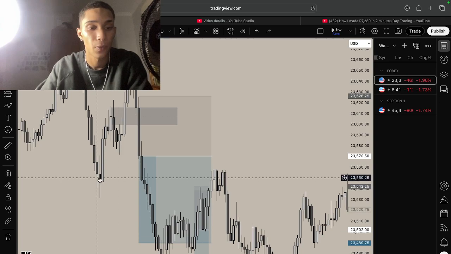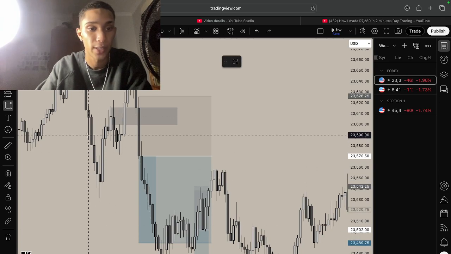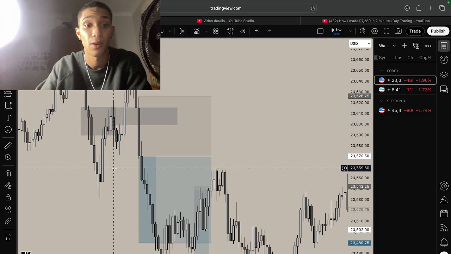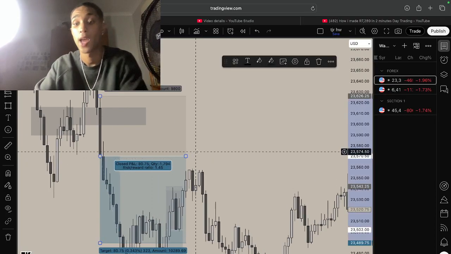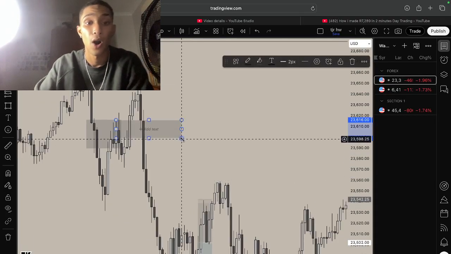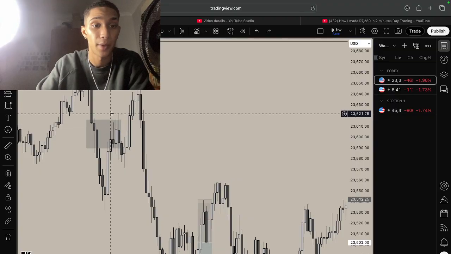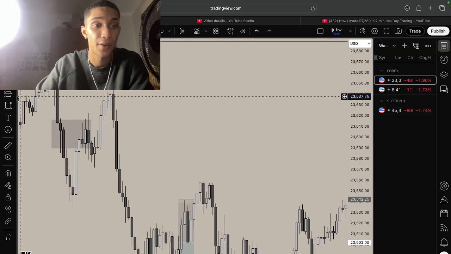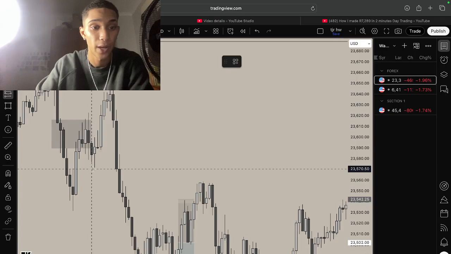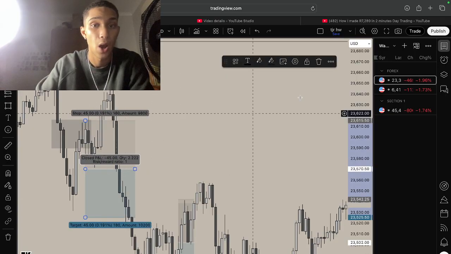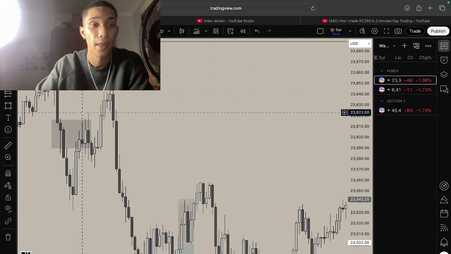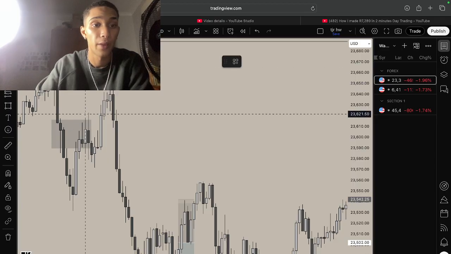And now something very interesting happens here, which I actually had to figure out myself. Nobody ever taught me this, and I'm about to put you guys onto it. After we sweep this 5-minute gap here, and it doesn't deliver, we try to inverse this gap and it can't. After that happens, our PD array is no longer the 5-minute gap.